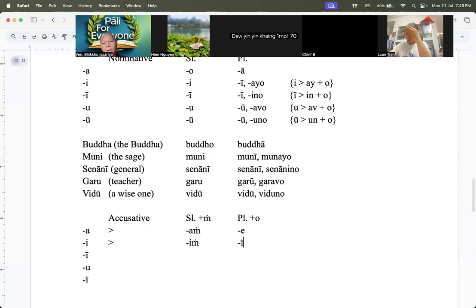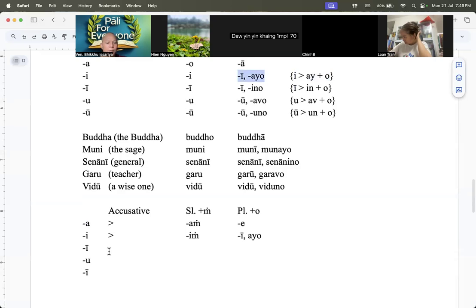And to the I, if we add the niggahita, but for the plural, it becomes long, and then another form is 'ayo'. So like to the I, by adding the 'o', I becomes 'ayo', you see. Exactly the same as the nominative case. Simply we can note that. And for the I, actually we have only the niggahita.